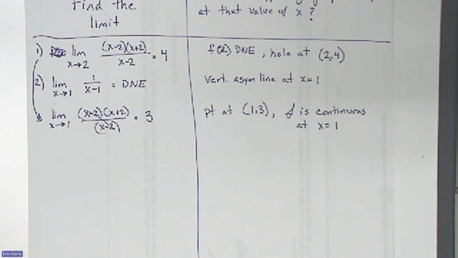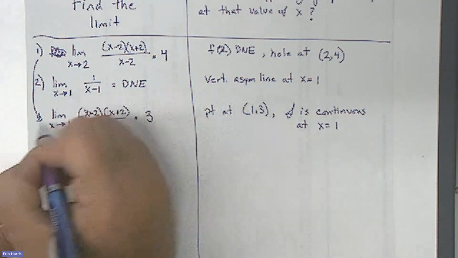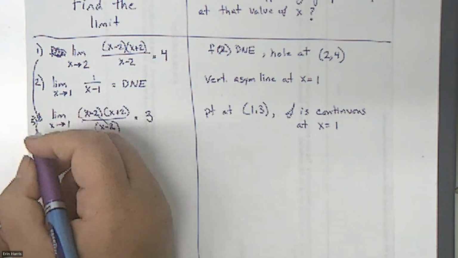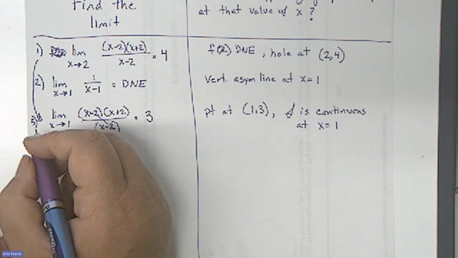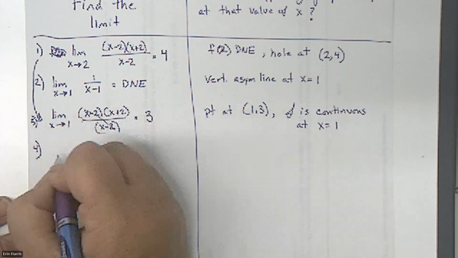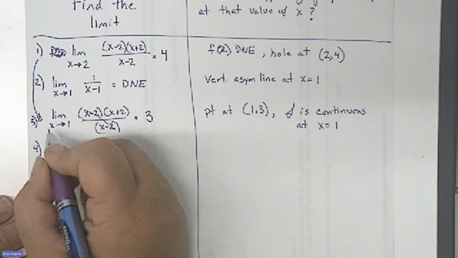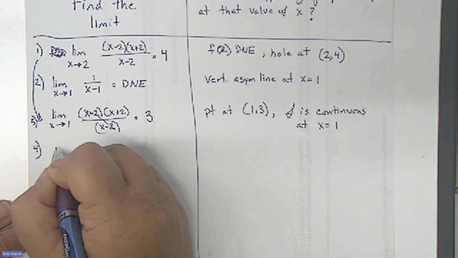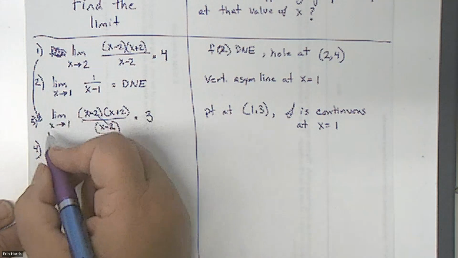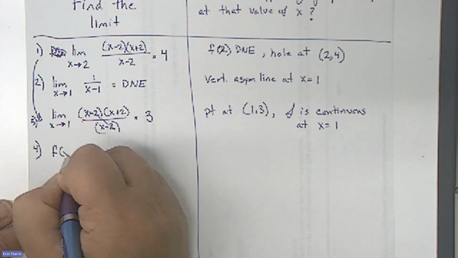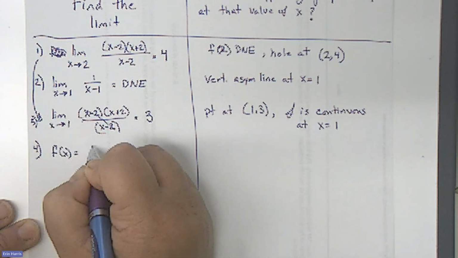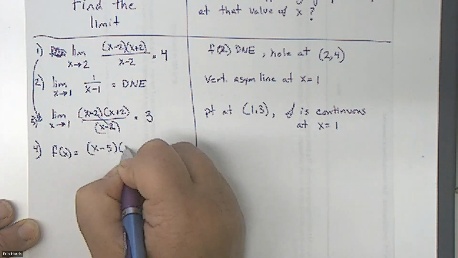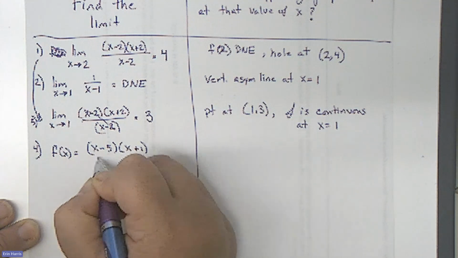So, last night's homework: you were asked about this function. It factored to f of x equals x minus 5 times x plus 1 in the top, and then something in the bottom.